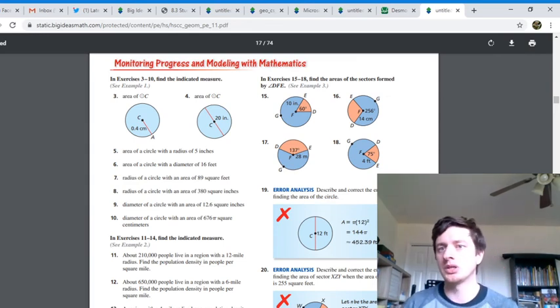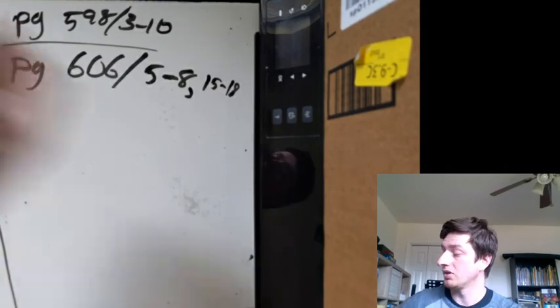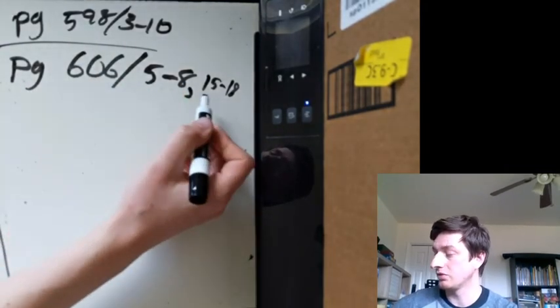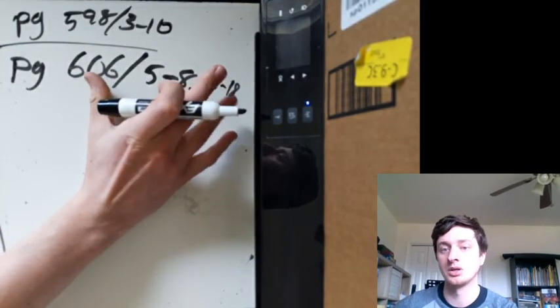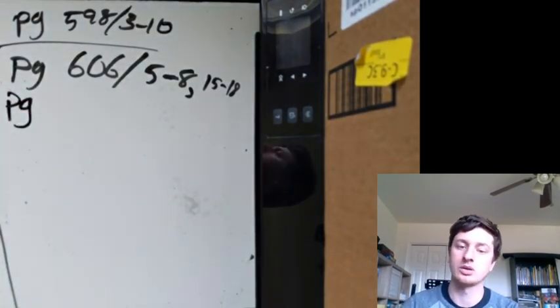So normally in a lesson, like if school was happening, we would have done half the lesson that we did today one day in class, and half the other day. This 606, 5 through 8, 15 through 18 would be the first day's homework, and then the next day would be this homework.